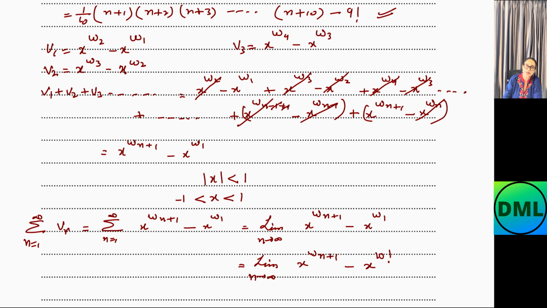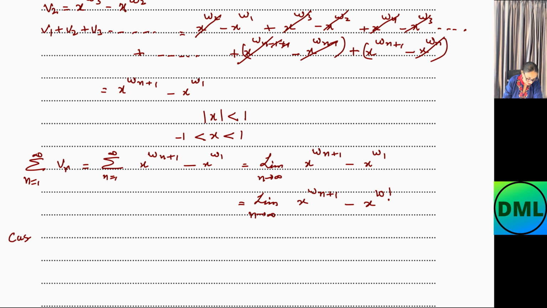Let's see case 1 here. Case first: I need to see the value when mod of x is less than 1. What value will this turn to? If it is divergent, this will turn to some other number, but if it is convergent, it should converge to 0. Let's see how we are going to calculate that.